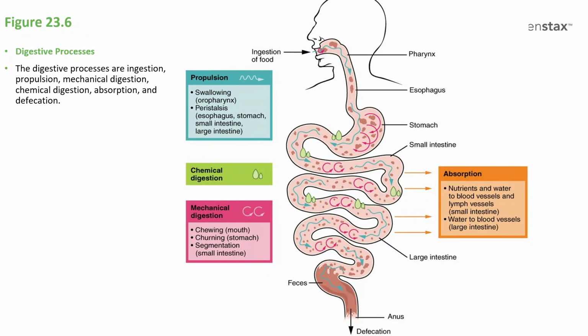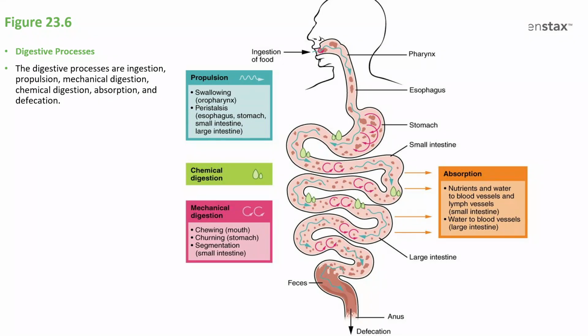There's also mechanical and chemical digestion highlighted. What you can see is that mechanical digestion with chewing begins in the mouth. There is churning of materials in the stomach, and there's also segmentation, which helps to move or propel materials along as well.